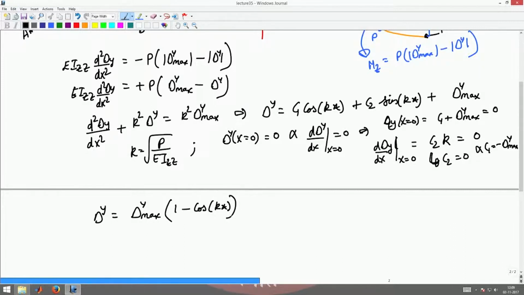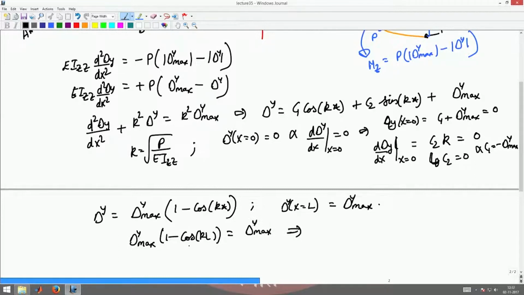I substituted C2 is 0 and C1 is minus delta y max, but I have not yet used the condition that delta y at x equal to L is equal to delta y max, because delta y max is delta y at x equal to L. If I apply that boundary condition, I will get delta y max into 1 minus cos kL must be equal to delta y max.